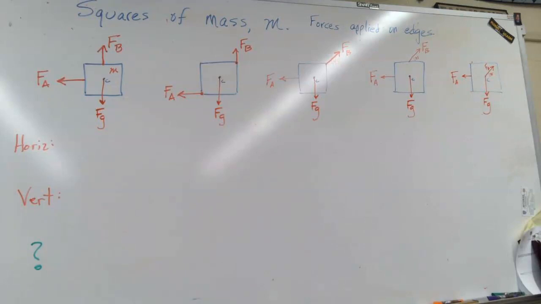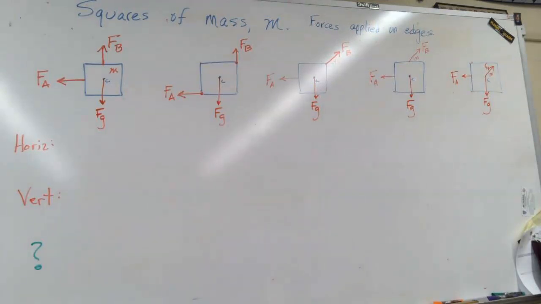Because this one would rotate that way, but everything is the same. B is vertical, so it's only allowed to be A vertical, and then A is vertical. B is vertical.